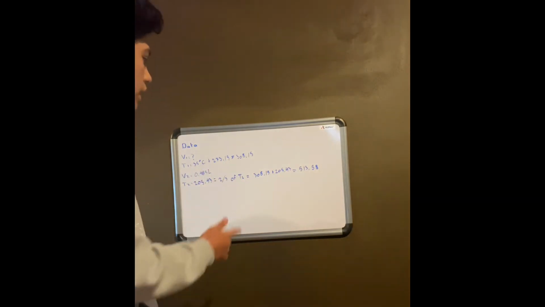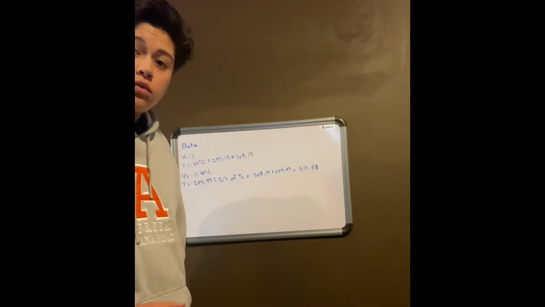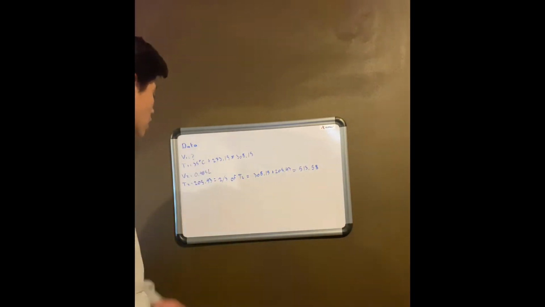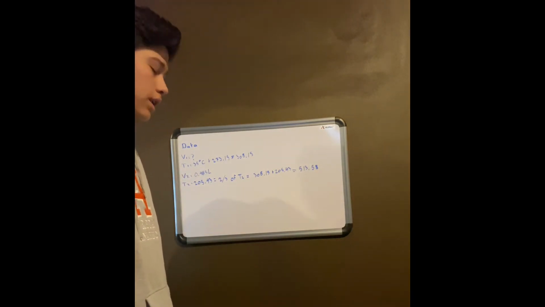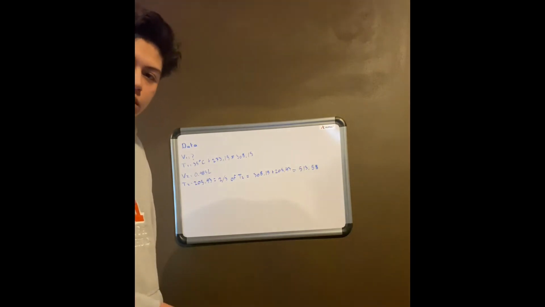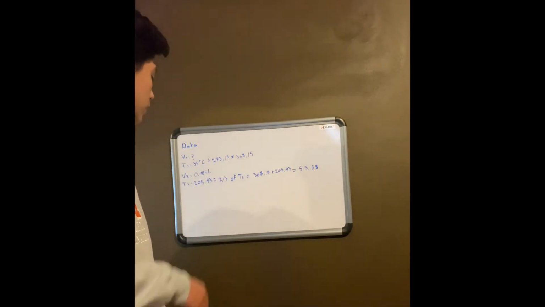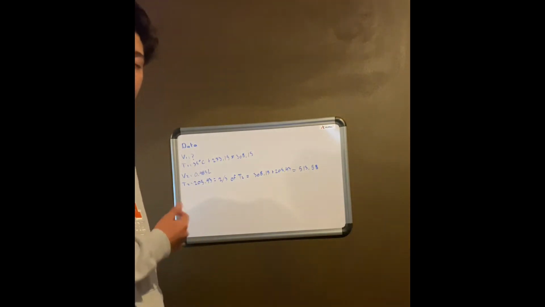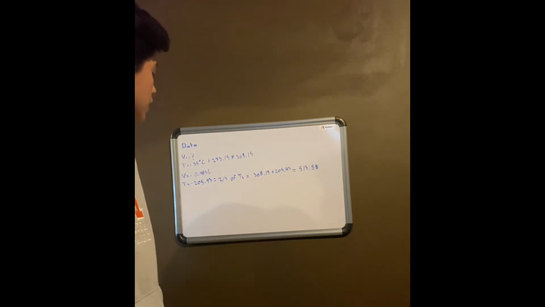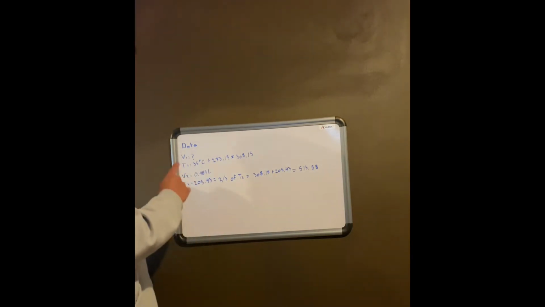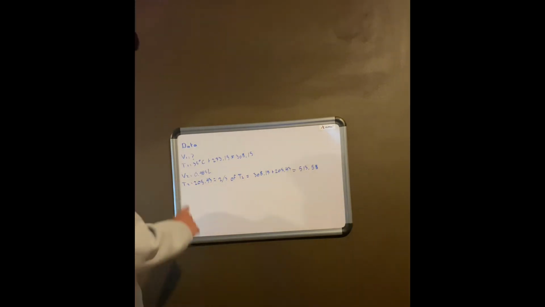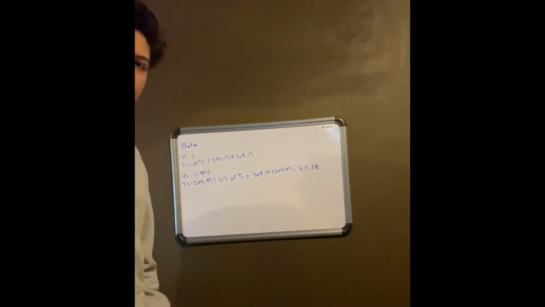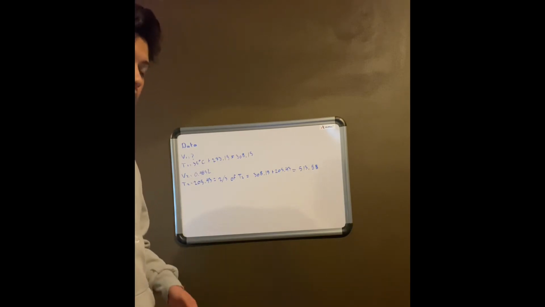After doing that, we got 308.15 kelvins. For volume 2, it tells us that we have 485 milliliters, and for solving this, we need to have it in liters. We have 0.485 liters.